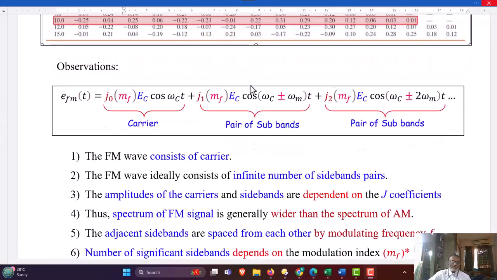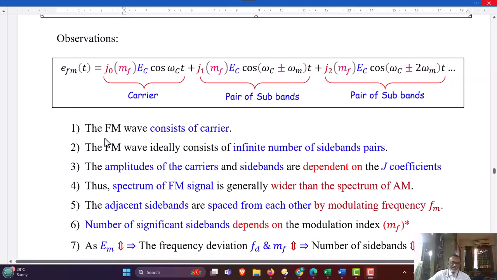What are the observations from the same expression? FM wave consists of a carrier signal. That is the first observation. Second, FM wave ideally consists of an infinite number of subband pairs. You will see here omega c plus minus omega m, omega c plus minus twice omega m, and continued up to n omega m, up to infinity.